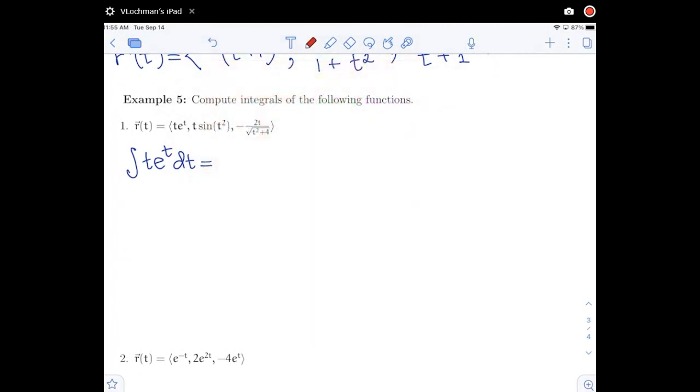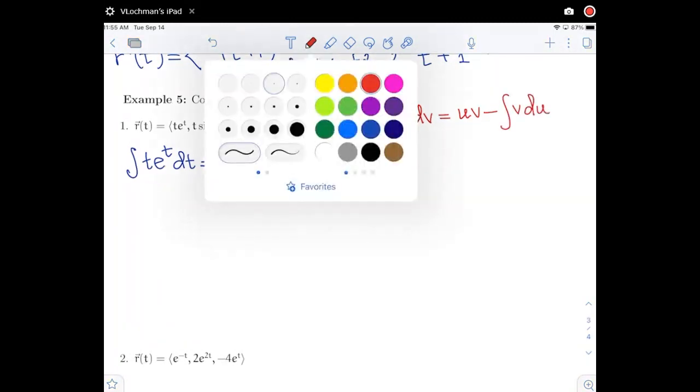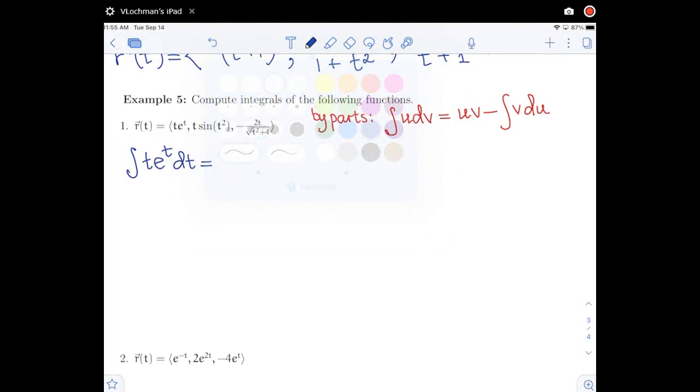Very good. So by parts, if you don't recall, I'll give you the formula. We have the integral of u dv is equal to u times v minus the integral of v du. So this is the format that we should follow. For my function here, I'm going to set u equal to t, which means du is dt.